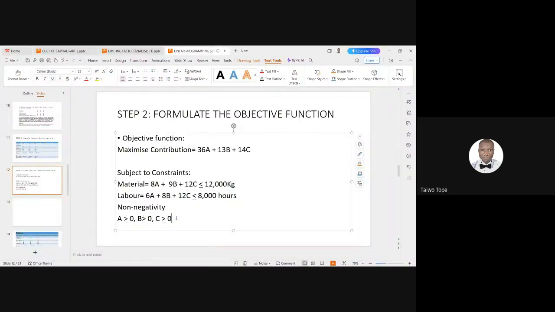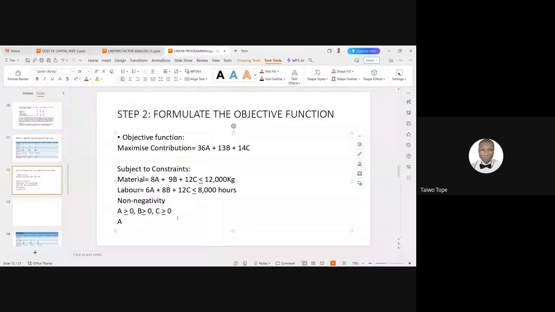You can express it in another way by just writing A, comma, B, comma, C, all greater than or equal to 0. It's the same interpretation.